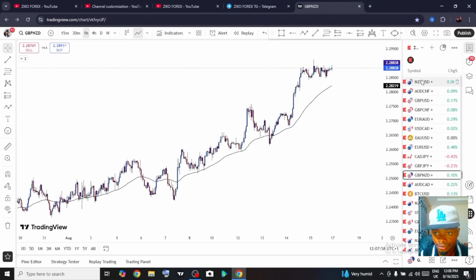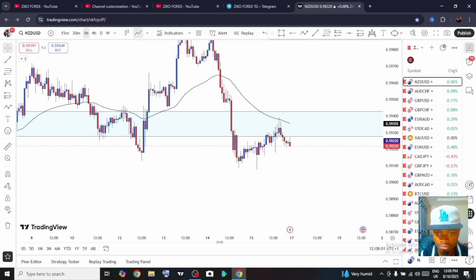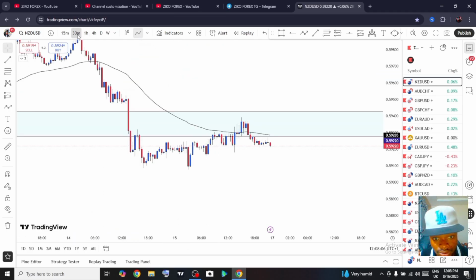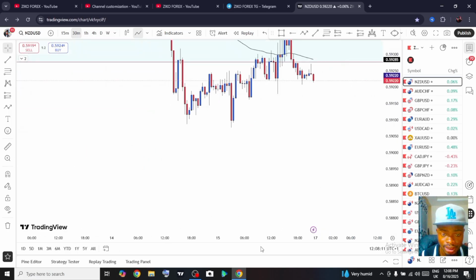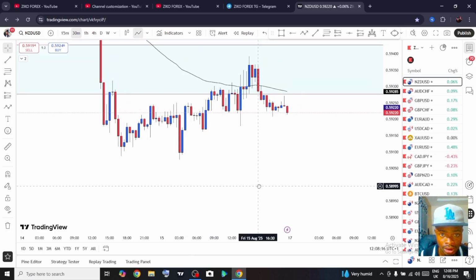So the 1 hour is not as clean. Let's see how the 30 minutes looks. All right. So 30 minutes has a little more price data, right? So let's see how we'll join this trade.